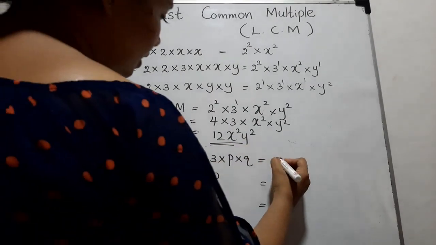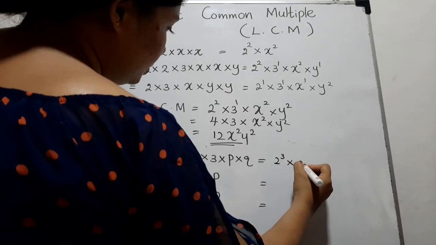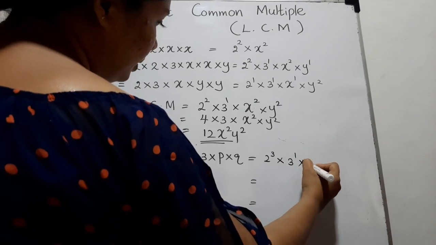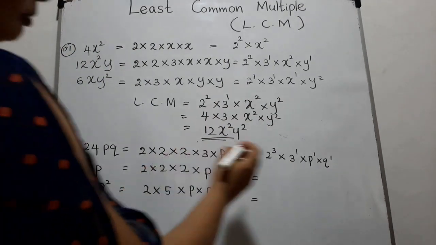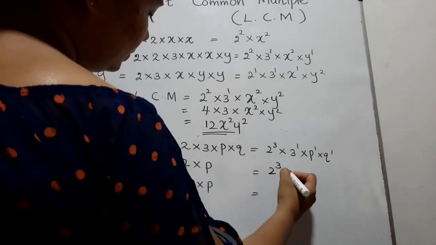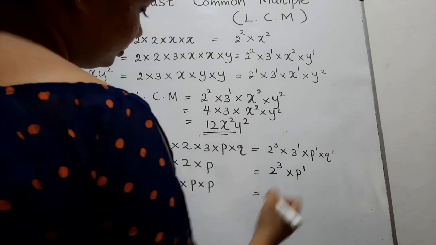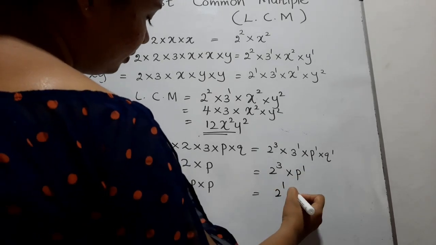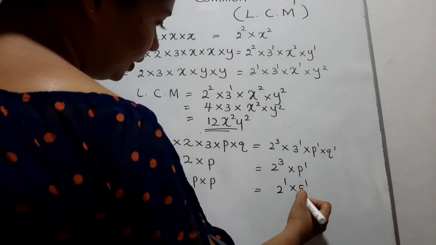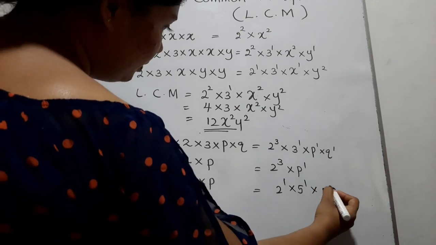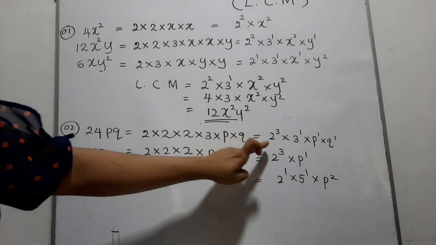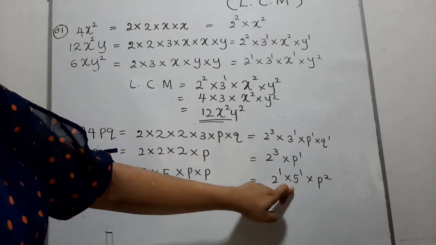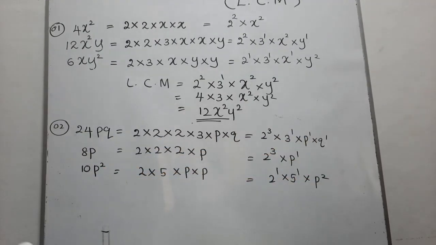Here 2 to the power 3 into 3 to the power 1 into p to the power 1 into q to the power 1. Here 2 to the power 3 into p to the power 1. Here 2 to the power 1 into 5 to the power 1 into p to the power 2. Now it has distinct factors of 2, 3, 5, p and q.